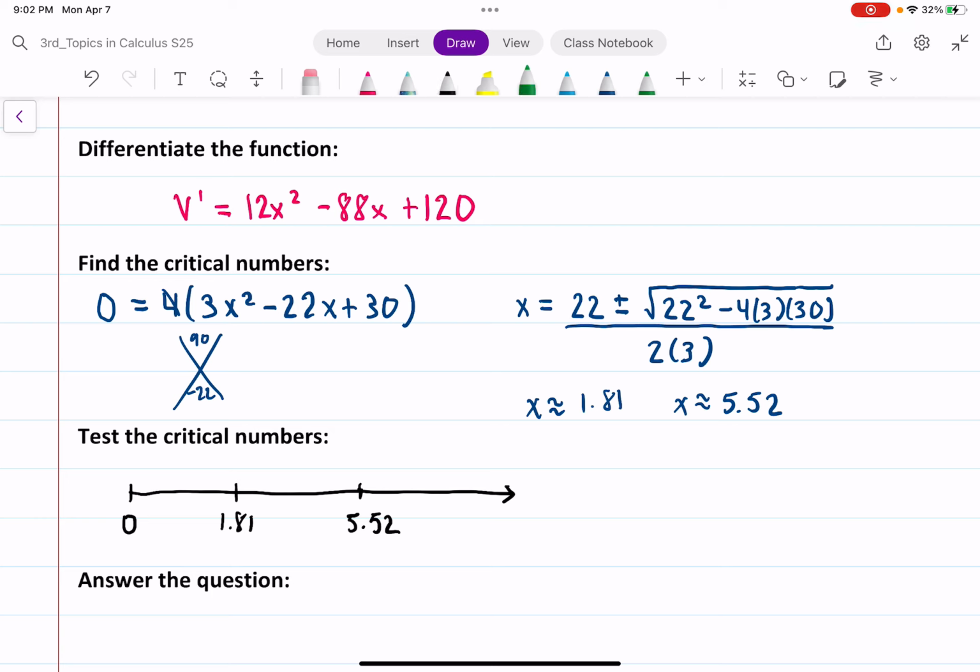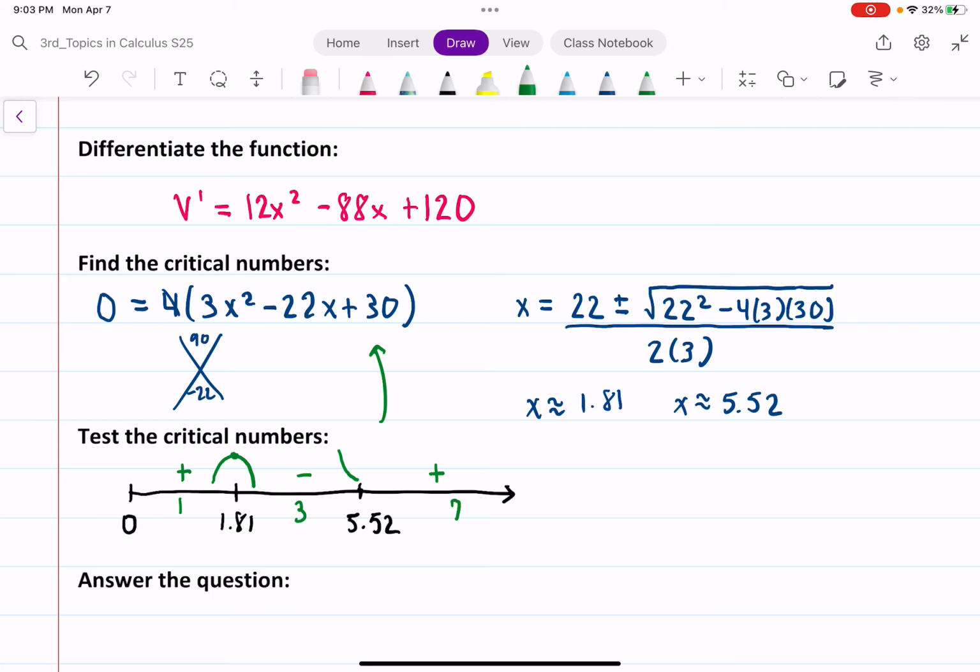Okay, and so now if I do a test point, let's say maybe I test in 1, and then let's say test point 3 and test point 7, and you want to plug it into the equation there. You just want to see if it's positive or negative. The first interval is going to be positive, and then negative, and then positive, right? So that means I am increasing and then decreasing, so that is indeed a maximum.